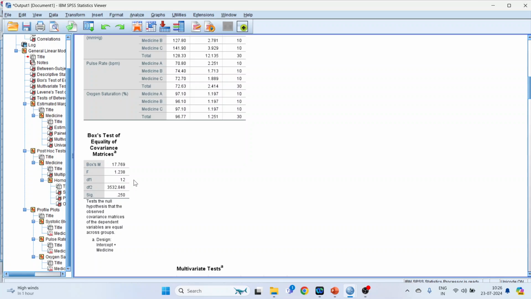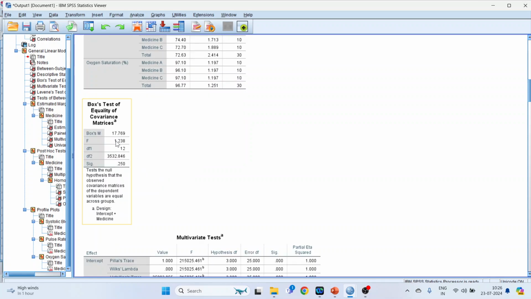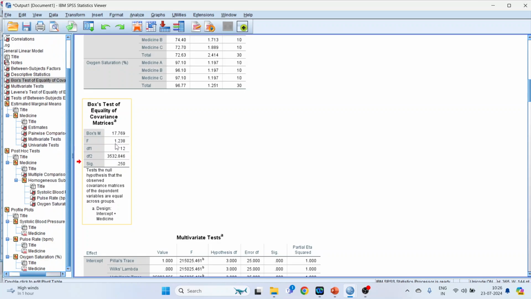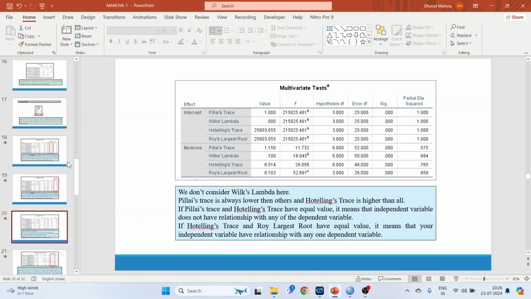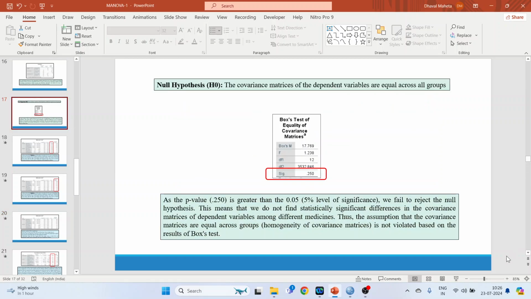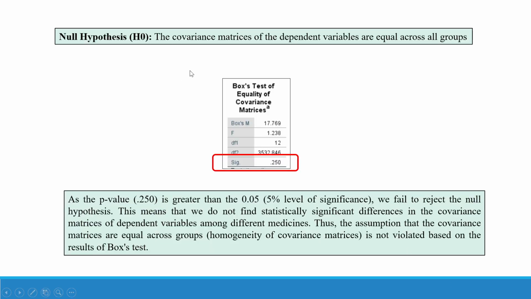We start with the Box's test of equality of covariance matrices. I'll simply copy this and let's see the interpretation. The null hypothesis is that the covariance matrices of the dependent variables are equal across all groups. See the p-value? As the p-value is greater than 0.05, we fail to reject the null hypothesis.